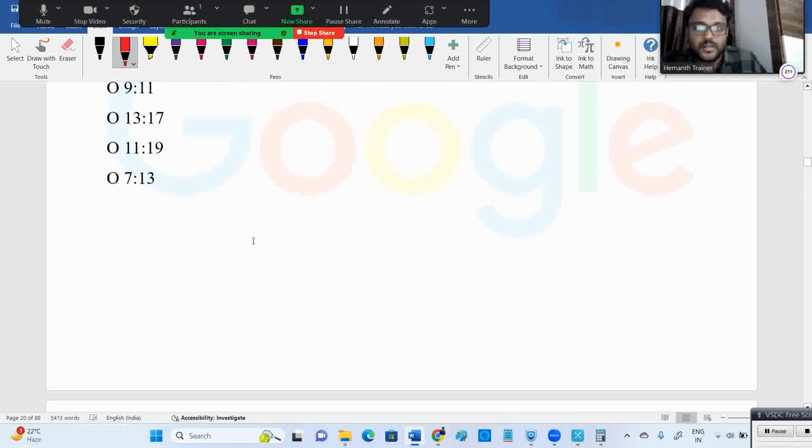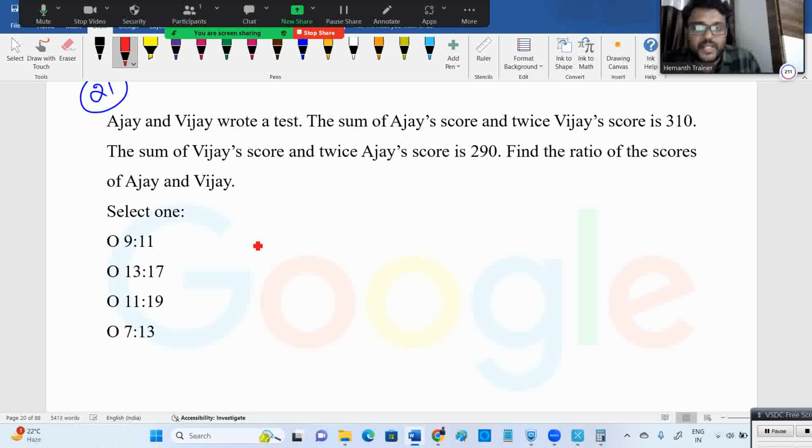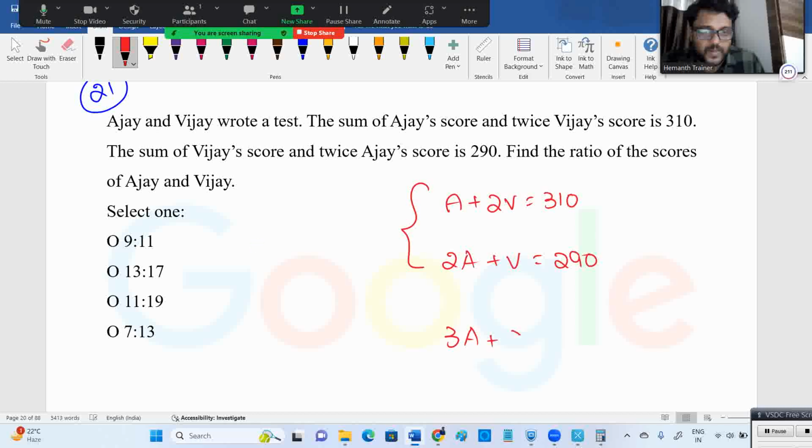Here, Ajay and Vijay wrote a test. Ajay's score plus twice Vijay's score is equal to 320. This is equation solving. And twice Ajay's score plus Vijay's score is 290. Adding these two, 3 times Ajay's score plus 3 times Vijay's score is 600, so Ajay plus Vijay is 300.